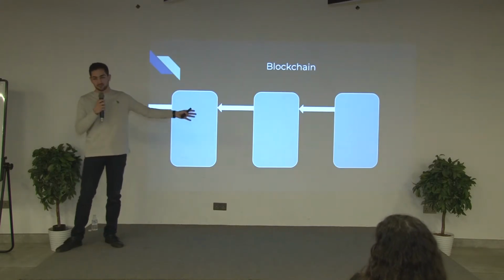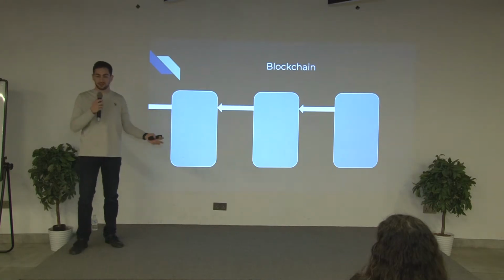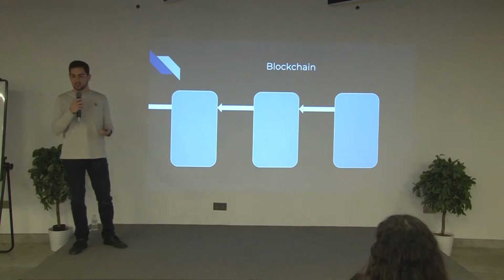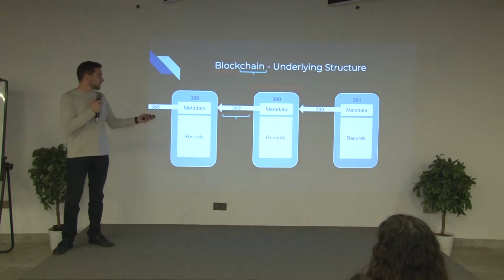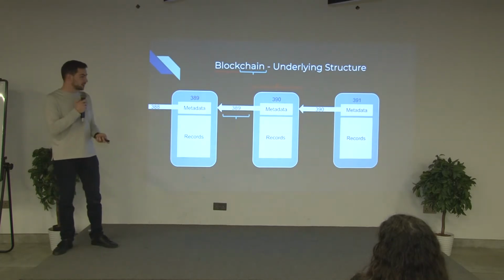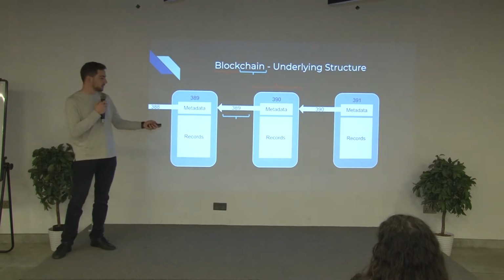So this is a fundamental picture, an infographic about what blockchain technology looks like on paper. As the name says, you've got blocks connected with a chain. This is some of the underlying structure in a blockchain. We'll explore these in the coming slides.